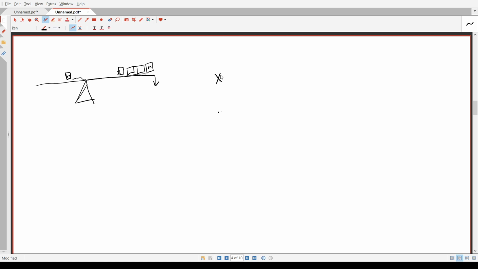If I add all of these up, then what I should get is 0. I'm going to have some on one side and some on the other. And I can use this and rearrange it to get a formula for the center of mass.